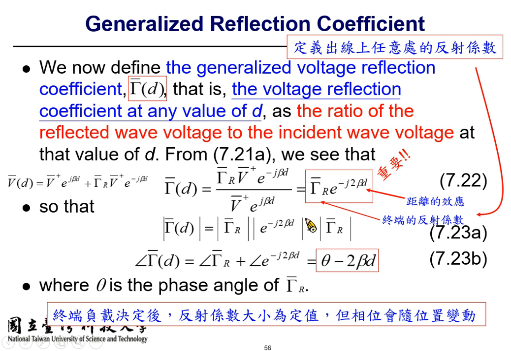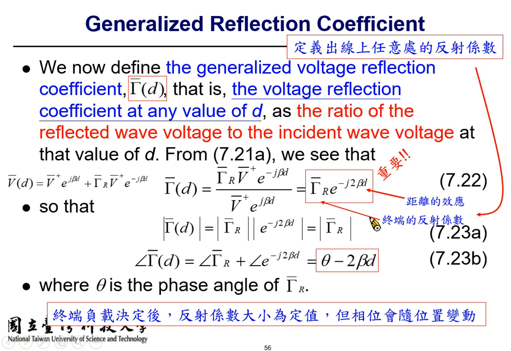It can be interpreted as the reflection coefficient at the termination times the effect of the transmission line, which addresses the phase change on the line. You see there is a 2 over here, so it takes into account the forward going and the backward trip.